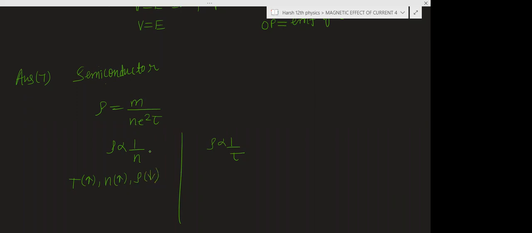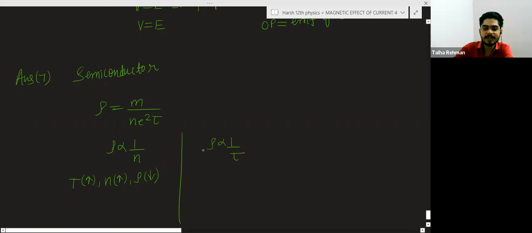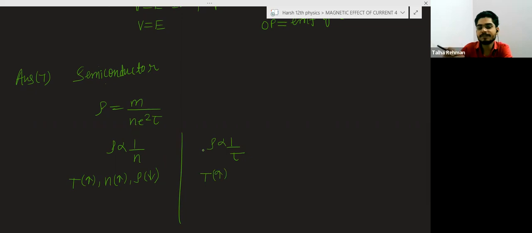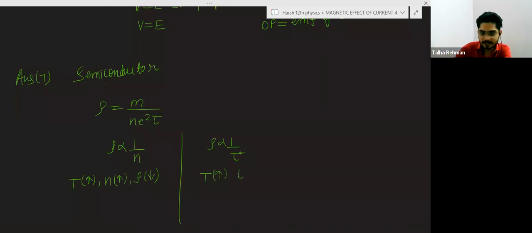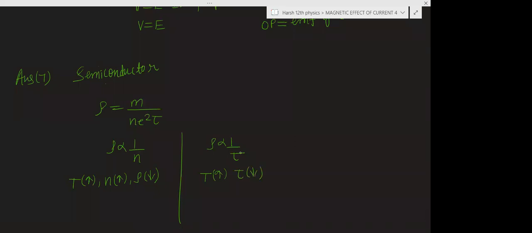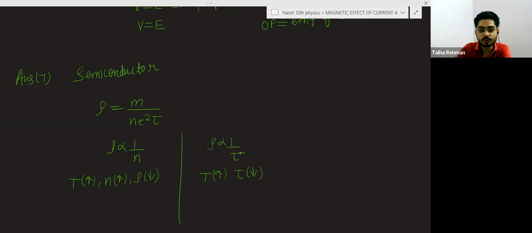But for the relaxation time, when you increase the temperature, as we know there is a small number of free electrons inside the semiconductor, the relaxation time will decrease, but not significantly, due to the less number of electrons in the semiconductor.